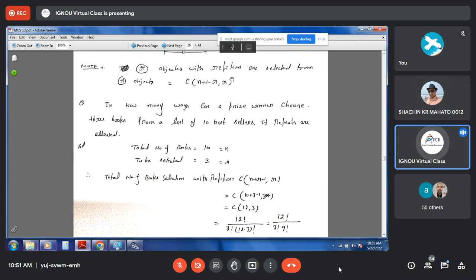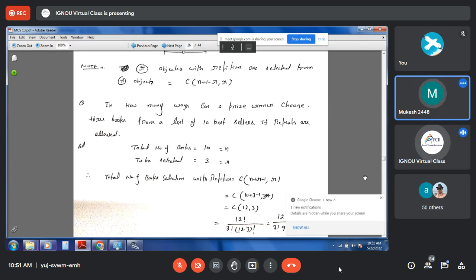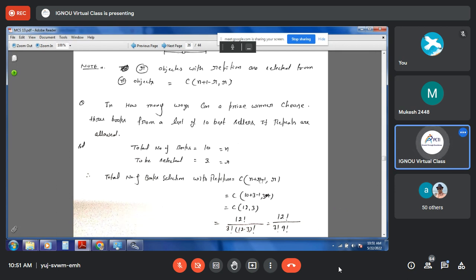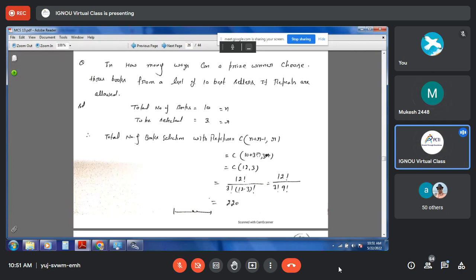If r objects with repetition are selected from the n objects, then the formula is C(n plus r minus 1, r). We use this formula when the repetition is allowed.